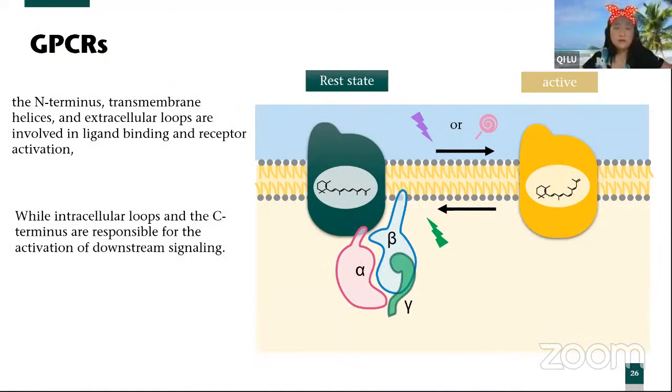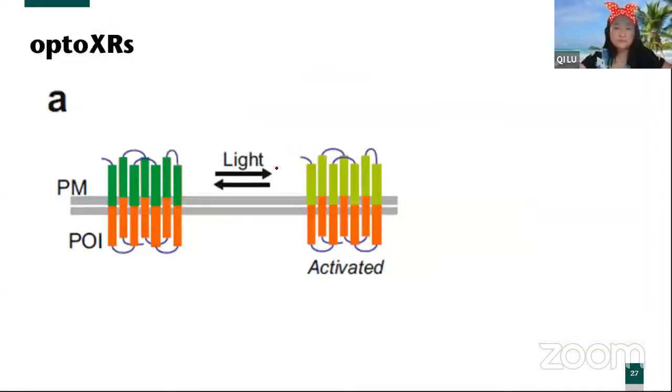So now let's go back to the G protein coupled receptor. For a G protein coupled receptor with a light stimulation or ligand, it forms a different structure.